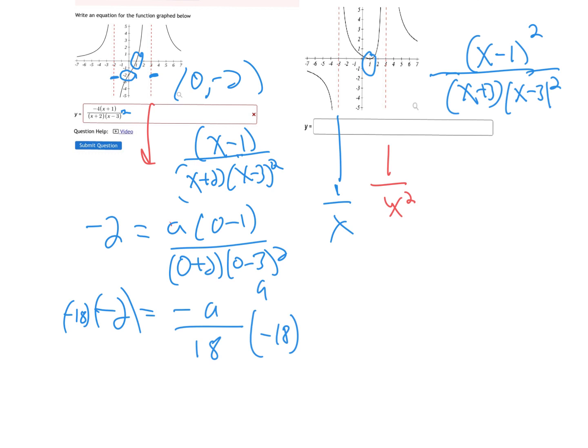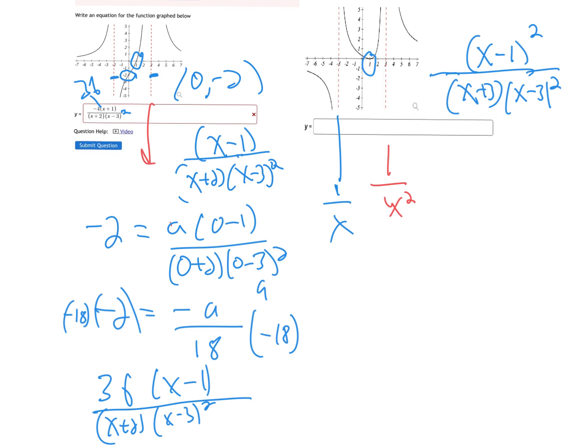So that's going to give me an a value of 36. So that's what should be here, 36. Now let me finish writing this off. So this is going to be 36 times x minus 1 over x plus 2 times x minus 3 squared. And that, OpenMath would have liked that.